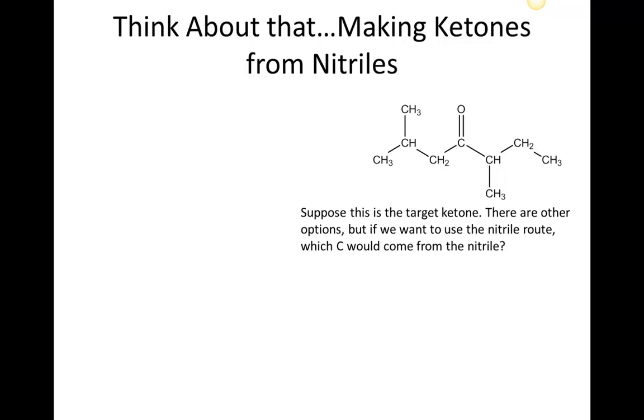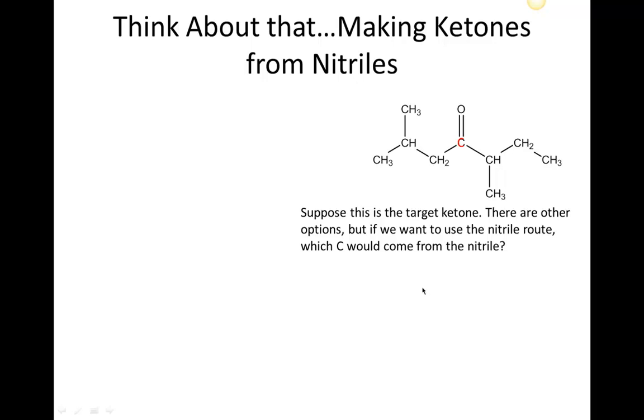One of the ways that we could have made a nitrile is with an SN2 reaction. And we do see that right next to the carbonyl is a carbon that could have been a primary carbon before it got attached to the nitrile carbon. So we could have done an SN2 reaction and made a nitrile out of this, and then done a Grignard with this piece.